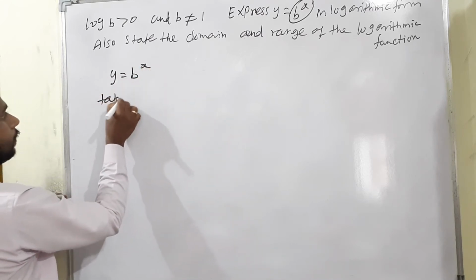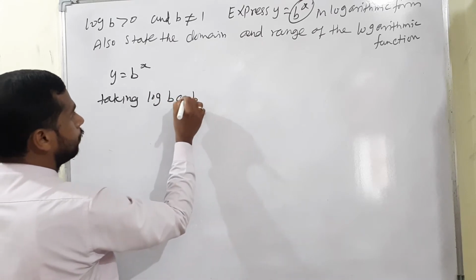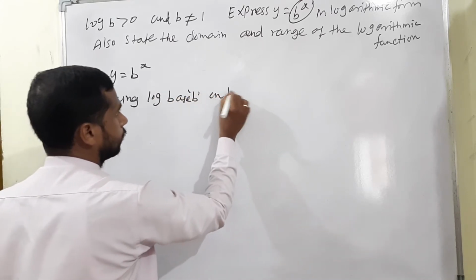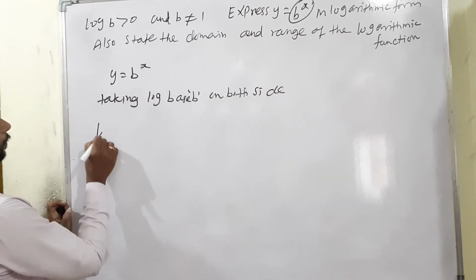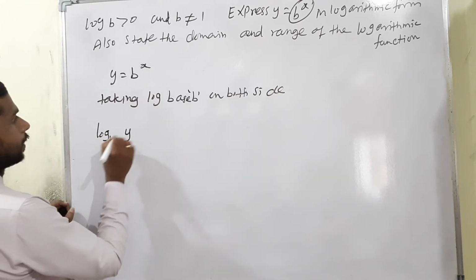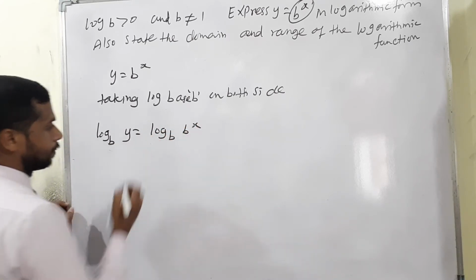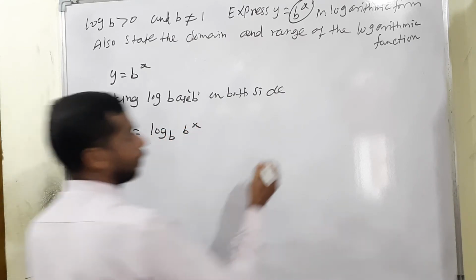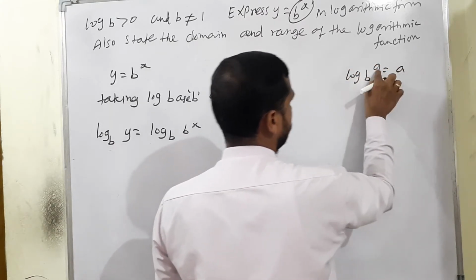So taking log base b on both sides. What will happen? Log y base b is equal to log b power x base b. Already we know the power rule: log b power a is equal to a log b, the power comes to the front.